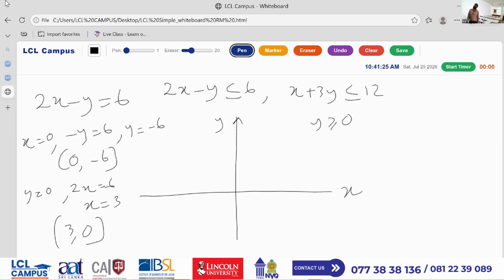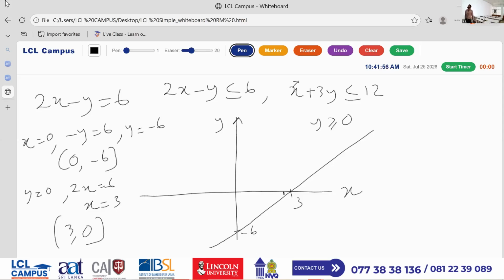Then 3, comma 0 here, like this. The other one, 0, comma minus 6, may be here. This is the line belonging to this. Understood? You want to mention here the value is 3, and here the value is minus 6.